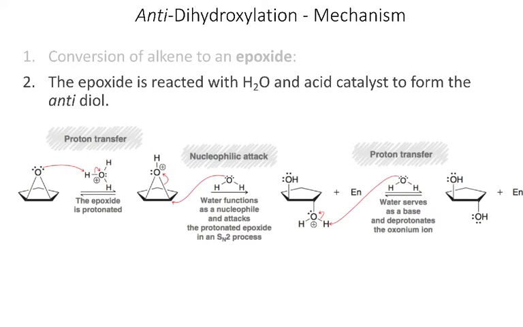We then have a nucleophile come in, and the reason we get anti-addition with this peroxy acid is because after we form the epoxide, the nucleophile has to come in from the backside. After the nucleophile attacks, we then have a final proton transfer to regenerate our acid, making it a catalyst, and then we get the anti-addition of the two OH groups.